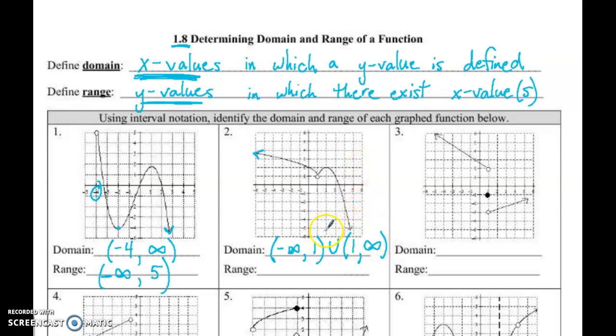Now range, stick with me here because I have a feeling that some of you might get confused, is we're going infinitely down. And some students want to stop once we get to this y equals 1 because it's definitely open here. However, there is a defined value for y equals 1, and that's over here at x equals 3.